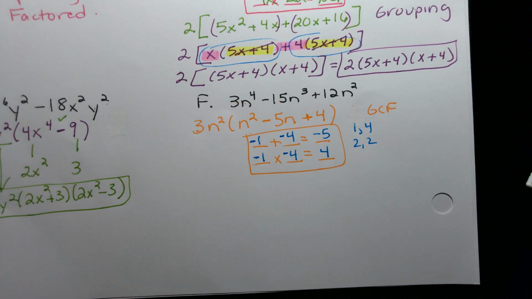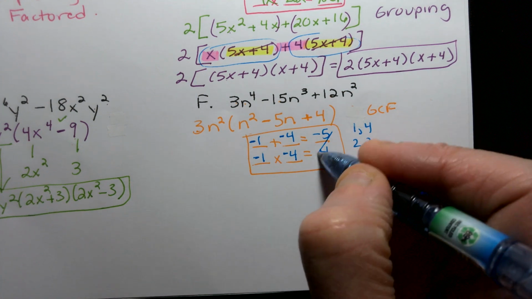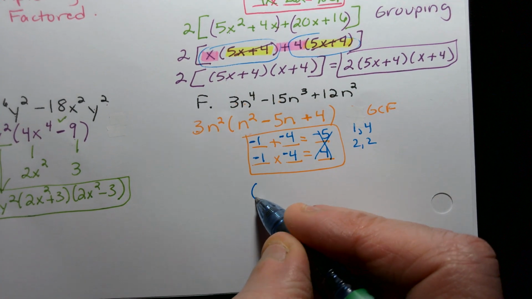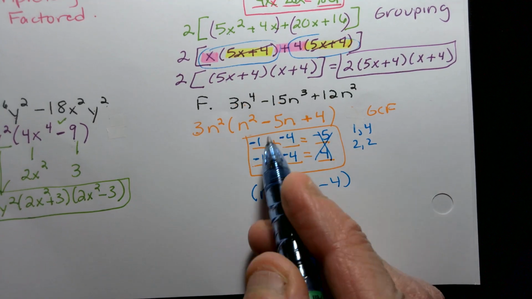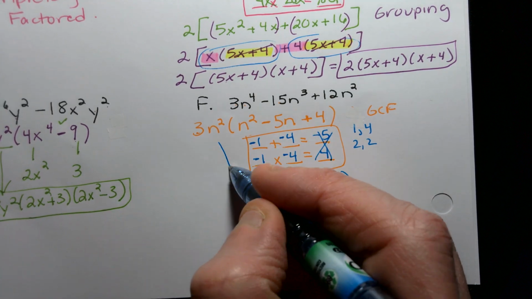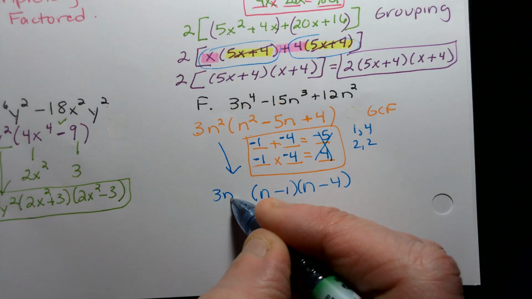It does. See, this is where it's really, when I was pushing the signs, understanding how signs work, it's so important. So that's done. So that's going to be n minus 1 times n minus 4. I just dropped those in, and again, don't forget that.